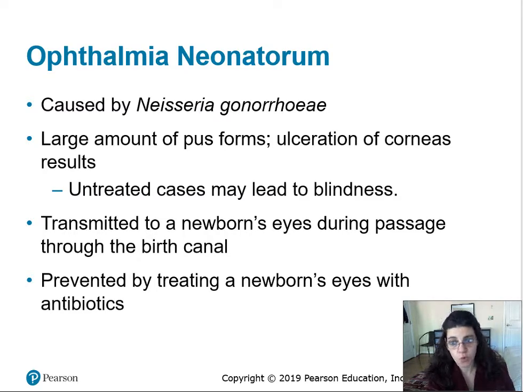It can become worse. So it's really important that the newborn eyes are protected with antibiotic drops, okay? Usually the drops contain erythromycin, and yeah, every newborn is supposed to receive this prophylactic treatment, okay?